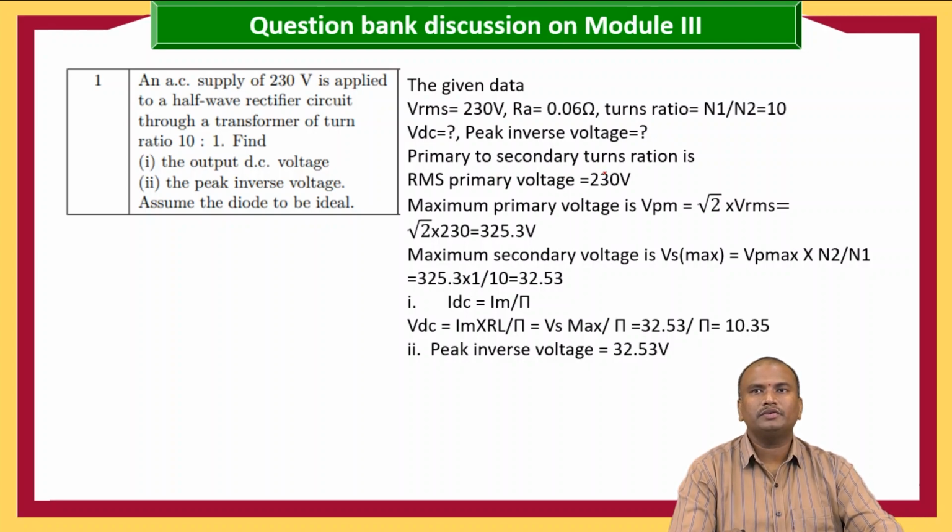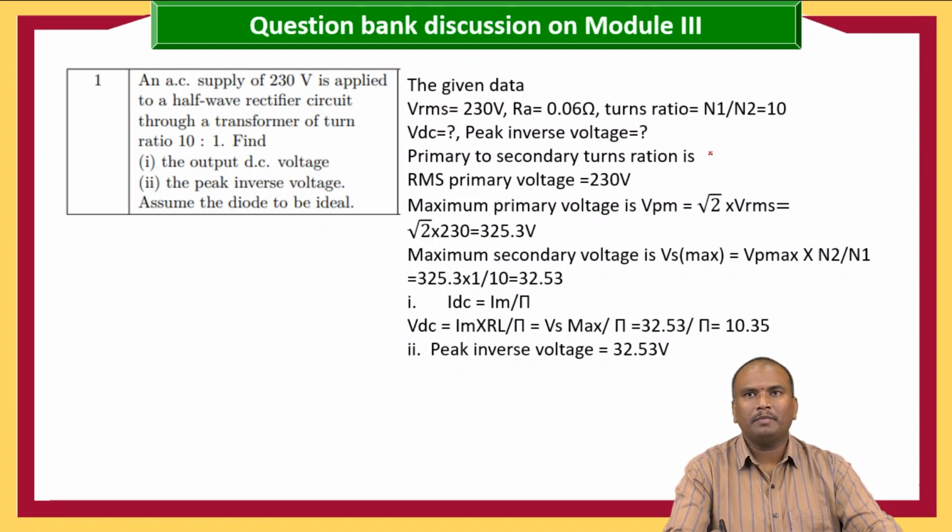Here the primary to secondary turns ratio is 10:1, and the RMS primary voltage is 230 volts.